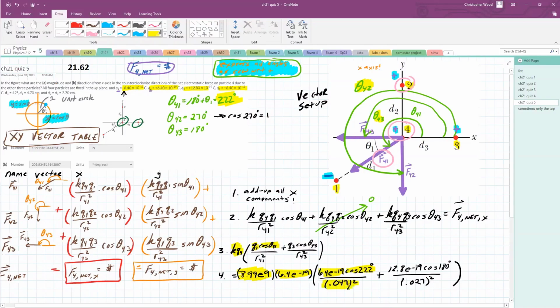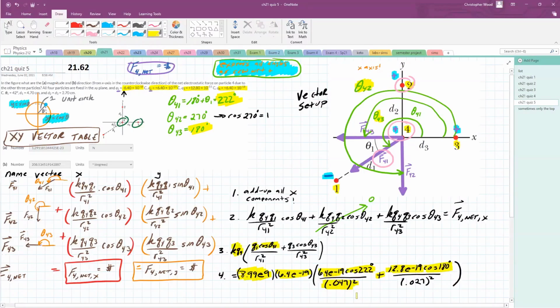This is r41, the distance between 4 and 1, which is D1, which is given as 0.047 meters, plus q3. Is this my q3? Let me double check that. 12.8 E minus 19. Cosine of theta 43, which is 180. Yes. All over the distance between 4 and 3. The distance between 4 and 3 is D3, which is also 0.027.